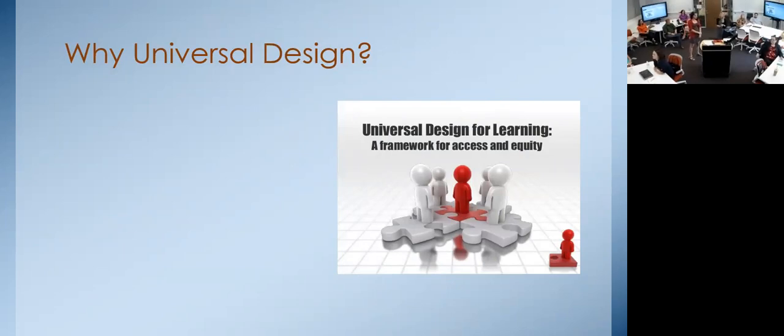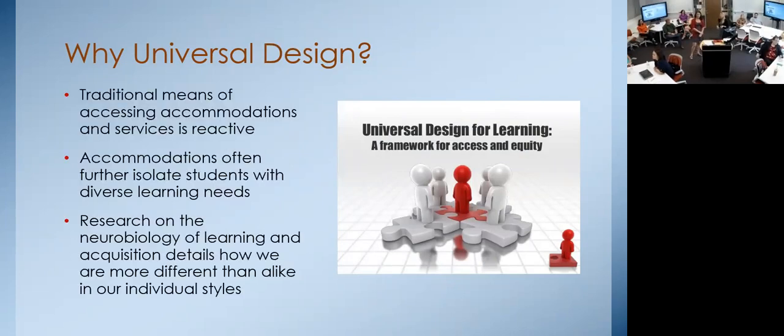So why universal design? Well, essentially, we think about giving students accommodations, you know, sending them to academic support or something like that when they need it after they approach us or we notice something is a hiccup with their learning. This is the exact opposite from that.